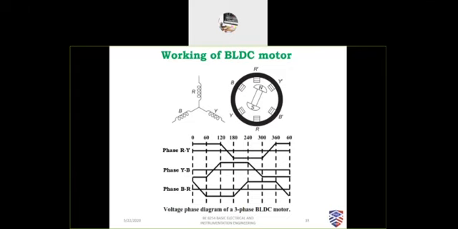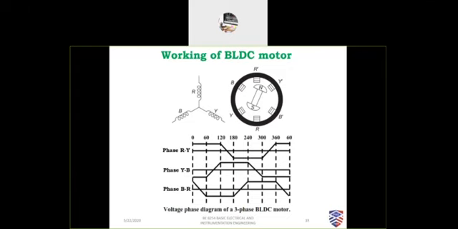So depending upon the position of the rotor, which coil has to be energized. Suppose the rotor is like this, R dash and Y dash. Then now you have to move, then Y dash to B dash has to be energized. So then they will look at it here, this voltage will be given. Or look at here, R and Y. Now it has to be Y and B energized.